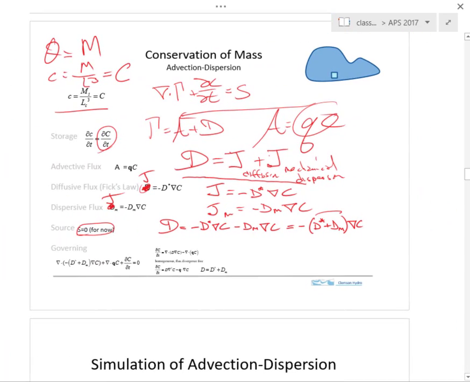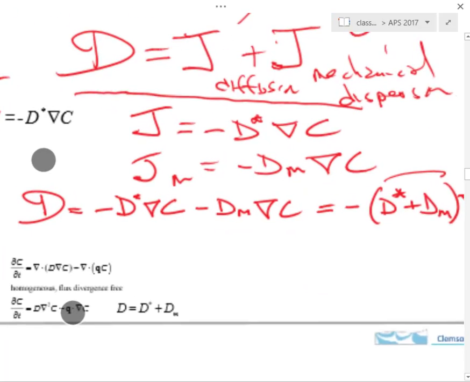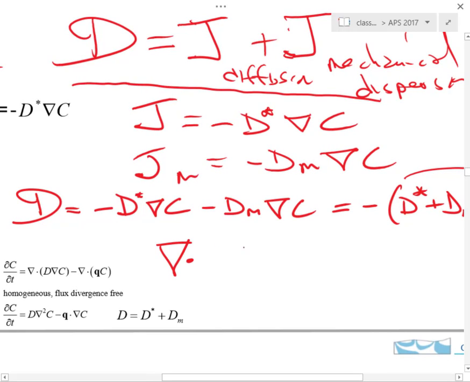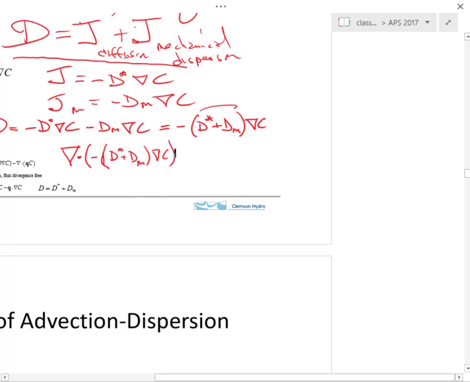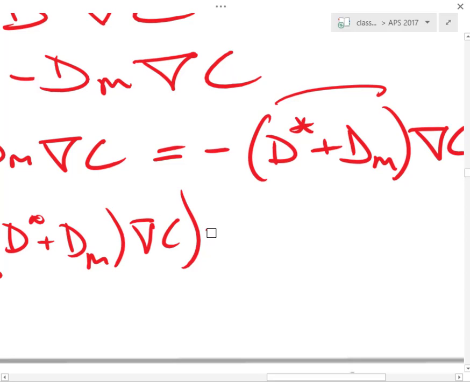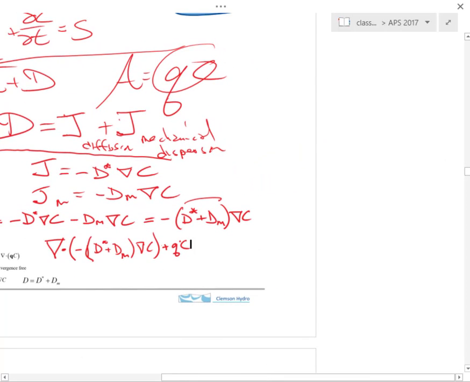And so now we can do the substitution where we say, okay, the divergence of our flux is going to be minus D star plus D mechanical times the gradient of C. There's the diffusive flux, and then we've got an advective flux, which will be Q C. And all of that comes inside there.